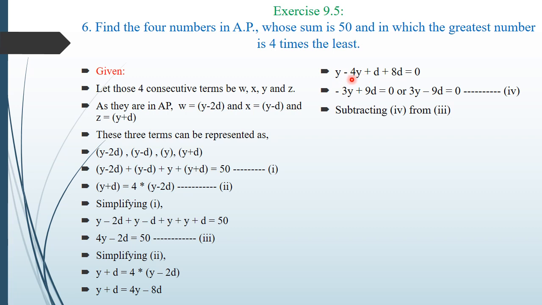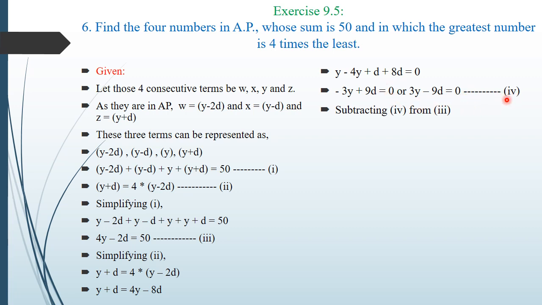Now y minus 4y is minus 3y, and d plus 8d is nothing but plus 9d. I'll multiply the whole equation by -1 because I'm not comfortable with this minus sign. So -1 into -3y will be +3y. Plus 9d into -1 is -9d, equal to 0, because 0 into any number is 0.